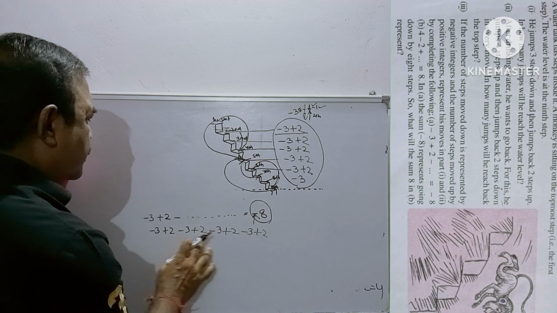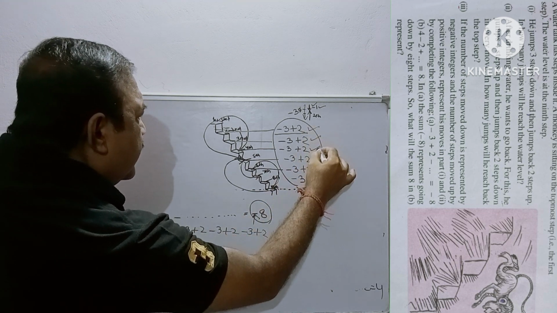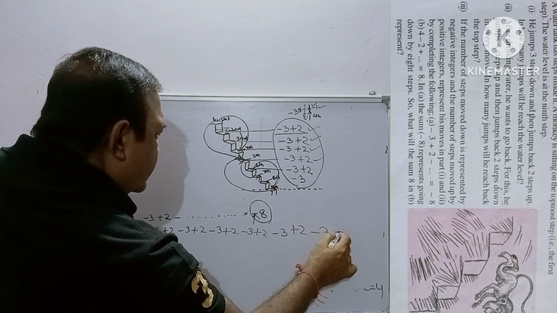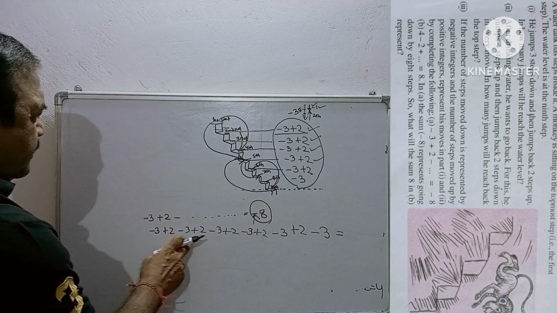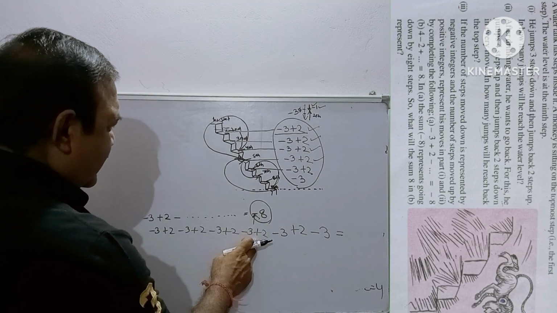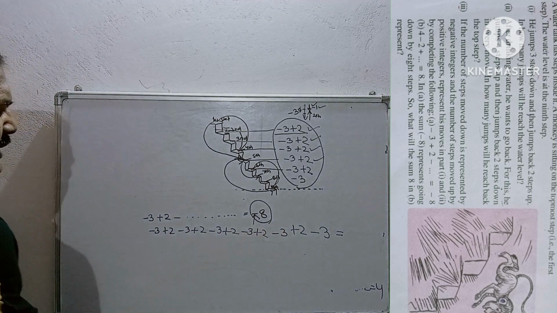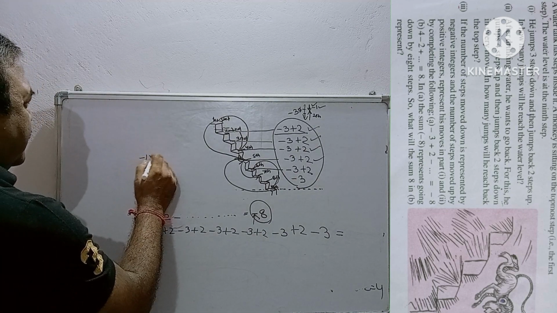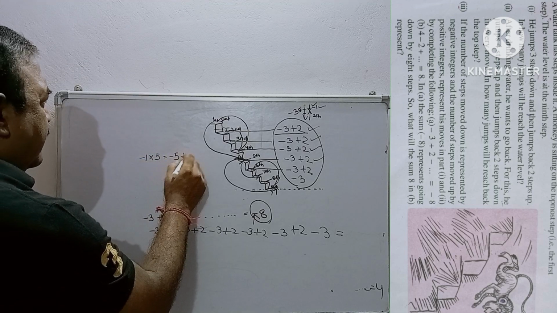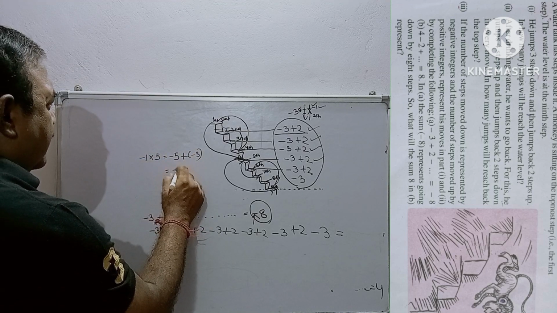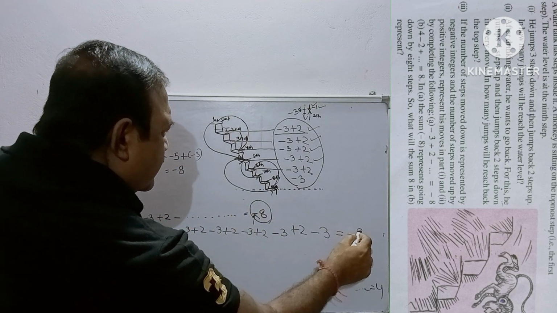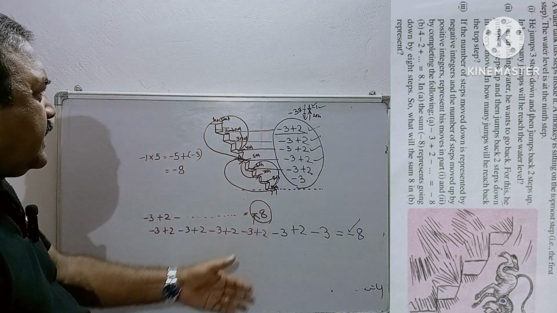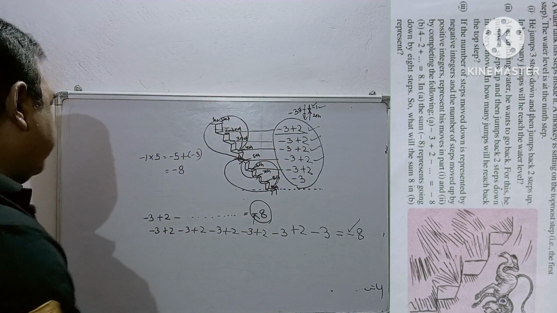Next, minus 3 plus 2. Then minus 3. You see? Minus 1, minus 1, minus 1, minus 1, minus 1. How many minus 1s will be added? There will be 5 minus 1s. So minus 1 into 5 is minus 5. Then plus of minus 3 is equal to minus 8. And the negative sign indicates that the movement is downward. So this is the case when the monkey moves downward.